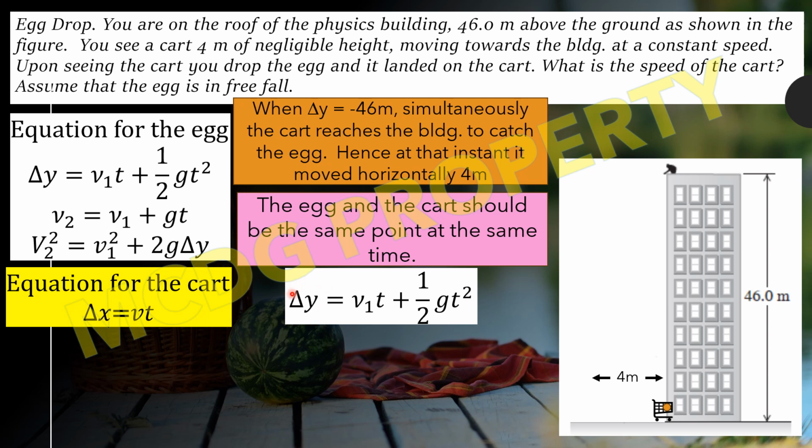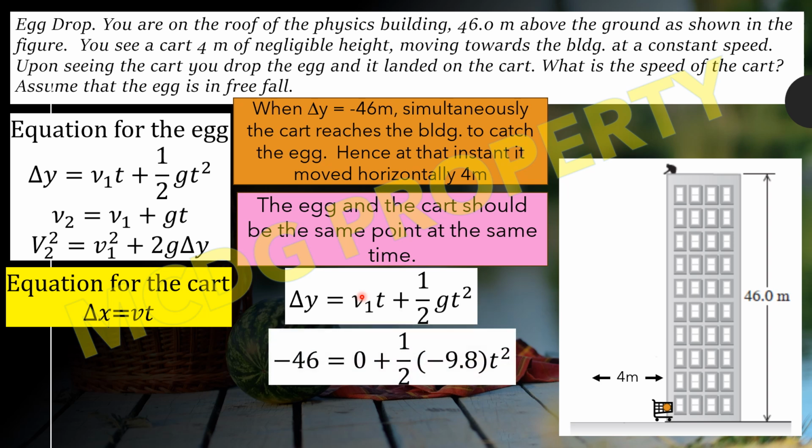So we use this first equation because we know delta y, we know the initial velocity. If we use this equation, the only unknown is time. Substituting the given information, delta y is negative 46 meters because it is below the reference level, which is the point of release.